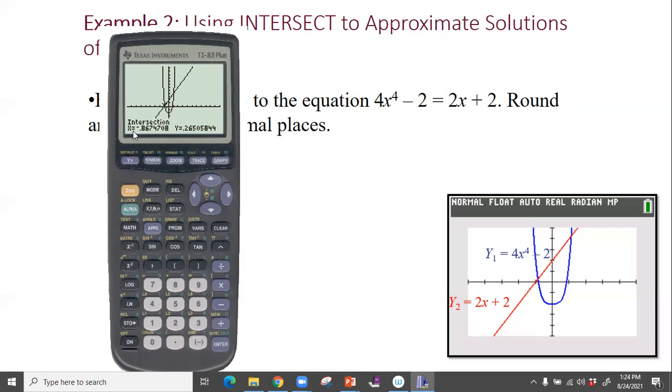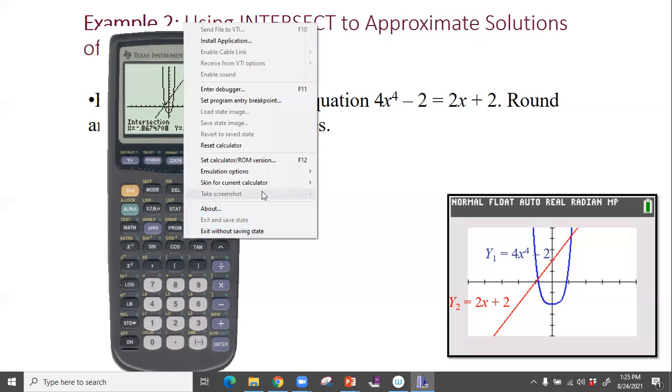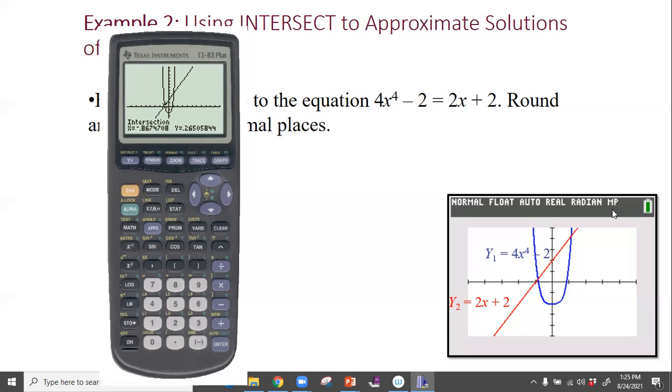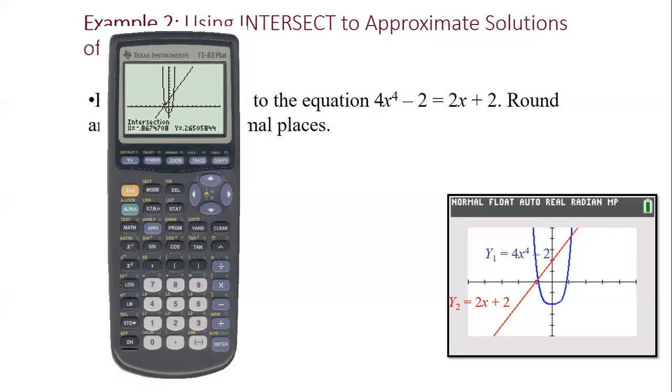So my first solution is roughly right here. And you're looking at the x value. So my x equals negative, so I have this point of intersection.